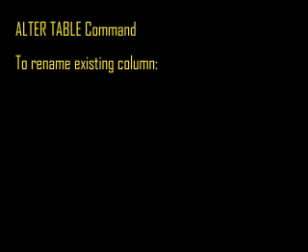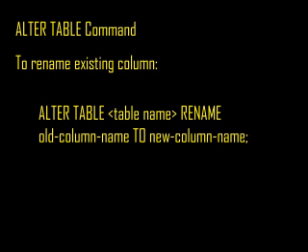Okay, next method is renaming an existing column in the table. To rename the existing column in the table, syntax is alter table name, rename old column name to new column name.